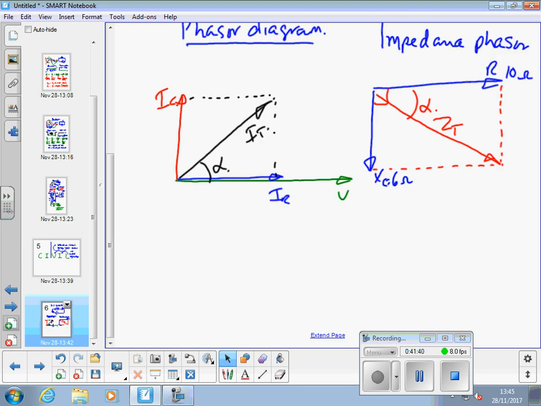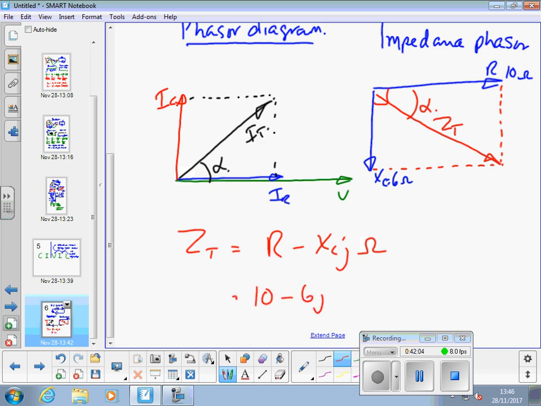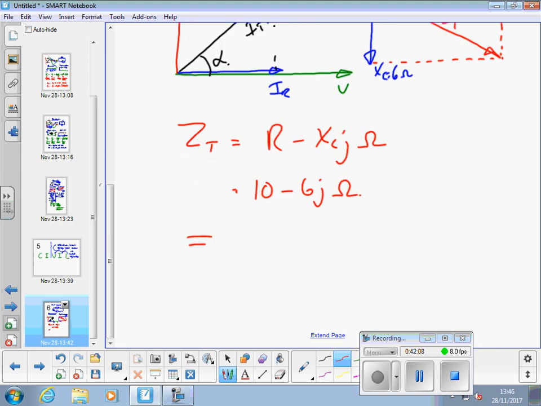And again, if we wanted to find the current in this circuit, we'd probably go down the rectangular route. Now we've learned that that's the quickest way, wouldn't we? So we'd say ZT is equal to R minus XC J ohms. That's 10 minus 6J ohms. Convert using the calculator.